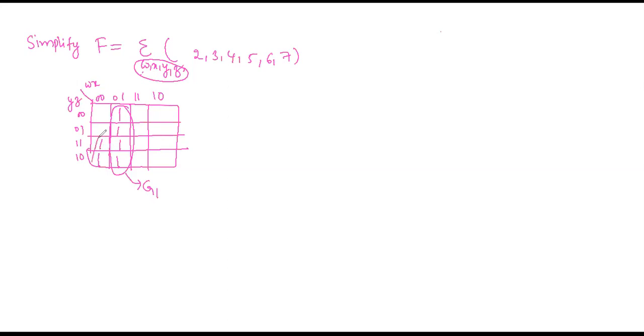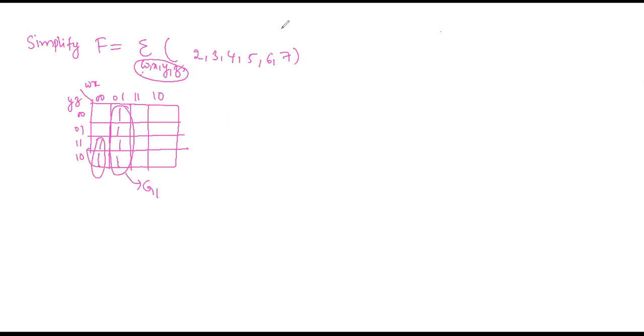But we need to look for a bigger group. If there is a possibility, look for the bigger group. If you take the help of the 2 minterms in group 1, you can form a bigger group of 4 minterms.